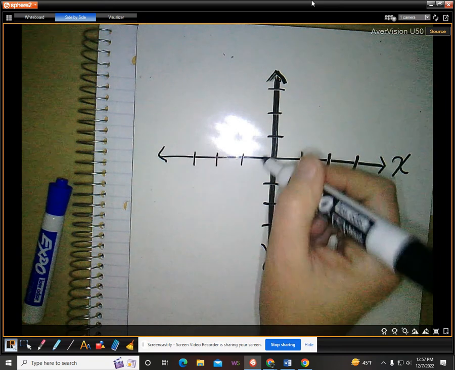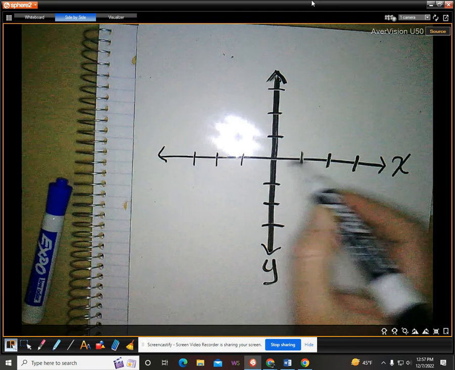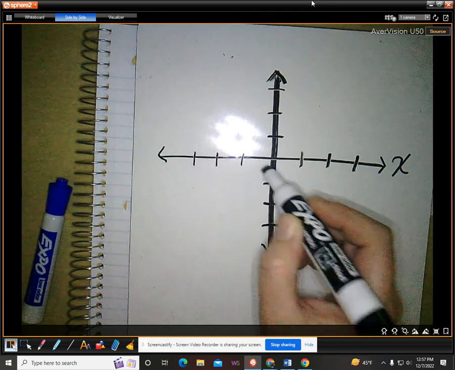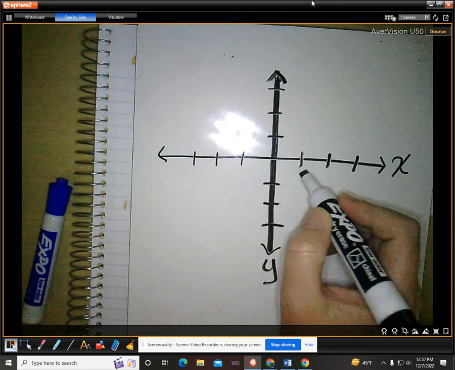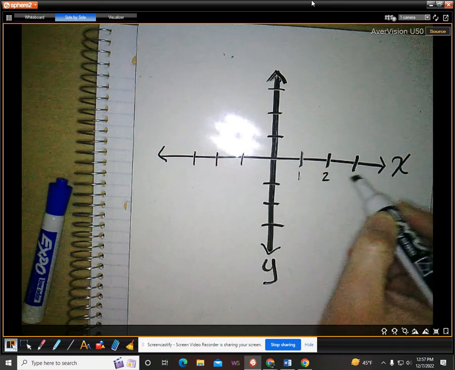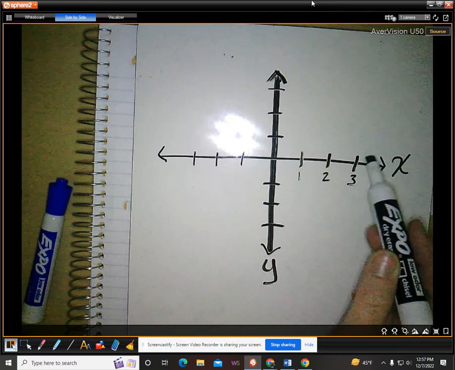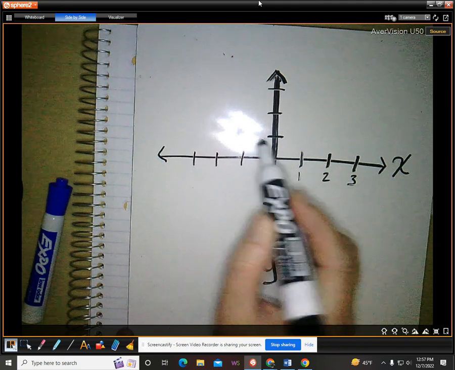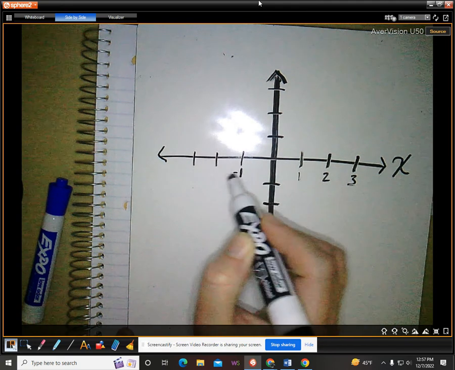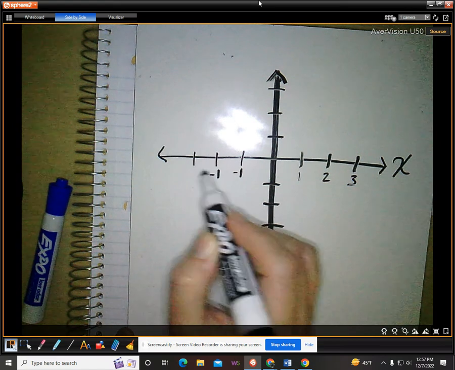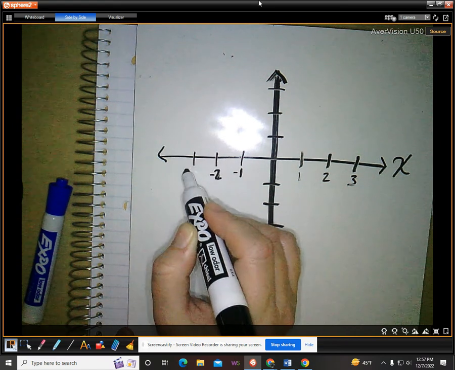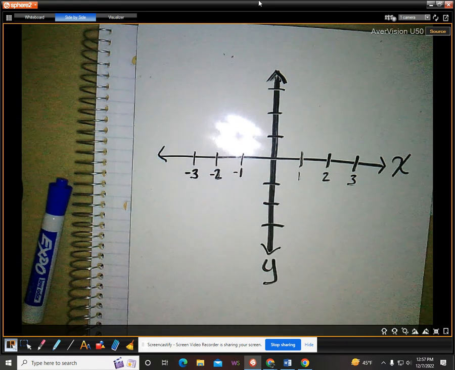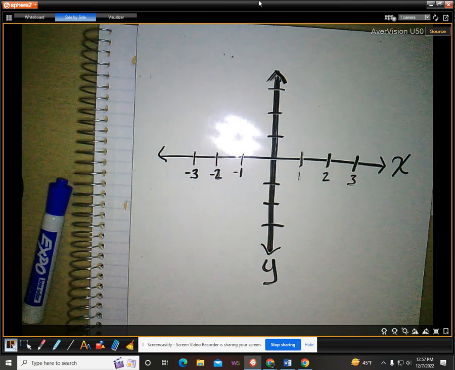Where they intersect is 0. So if this is a number line and the intersection is 0, this would be 1, 2, 3. It goes on into infinity. That's why there's an arrow. If this is 0 and this is a number line, this would be -1, -2, -3, okay? The x-axis is just simply a number line.